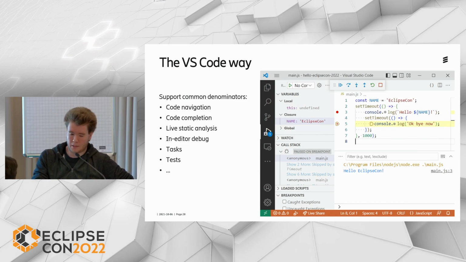So in their case, they looked at what it means to work on code and with code, and found across all languages the common denominator. So in every case, you always want to navigate from your functions to the declarations, things like this.